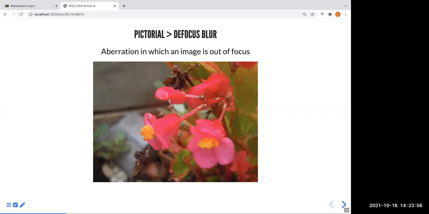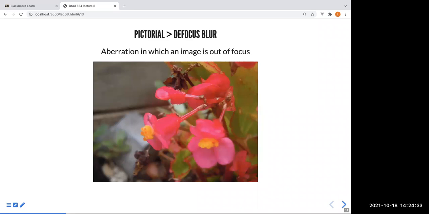Defocus blur is what happens when, with Apple having these new phones with the cinematic mode, right? So when you use a lens that is set up with a focal length so that only things at a certain distance are in focus, then everything else farther away from the subject and in front of the subject is going to appear as blurred.